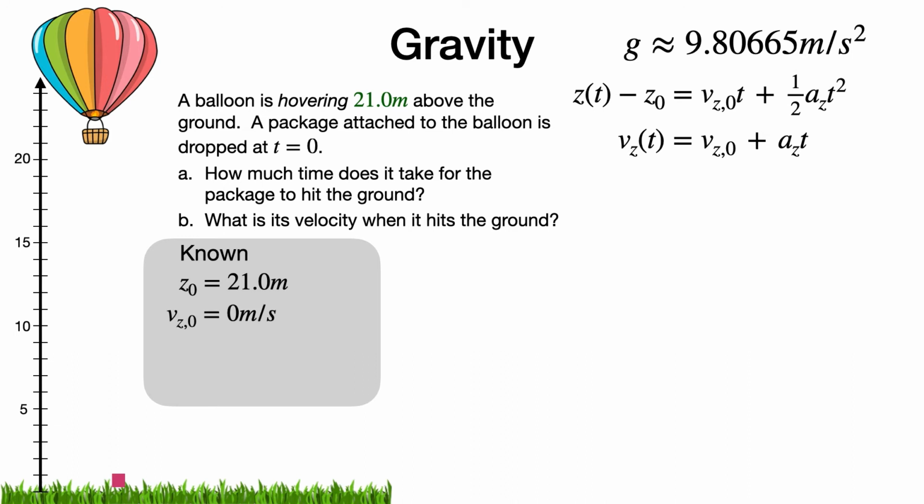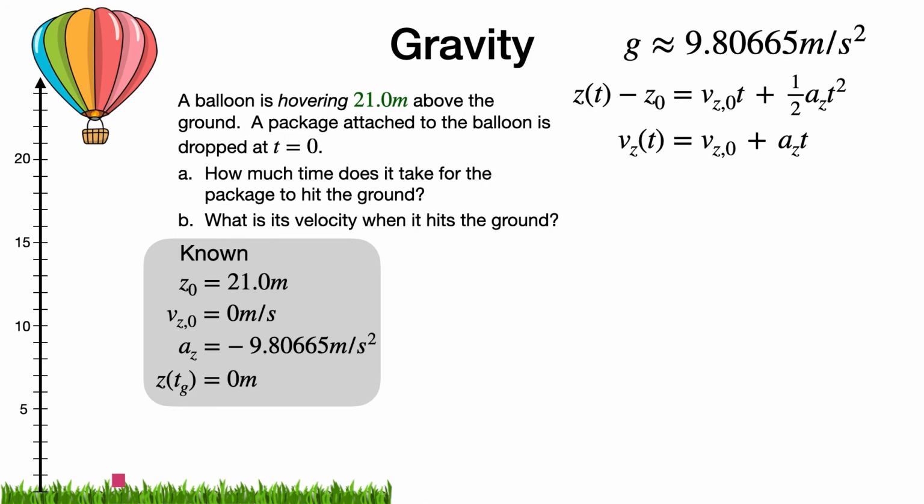The initial velocity, we said that the balloon is hovering, so the initial velocity is going to be 0 meters per second. And our acceleration is going to be minus g, minus 9.8 meters per second squared. The minus sign because our coordinates are increasing up, and the acceleration is in the down direction.